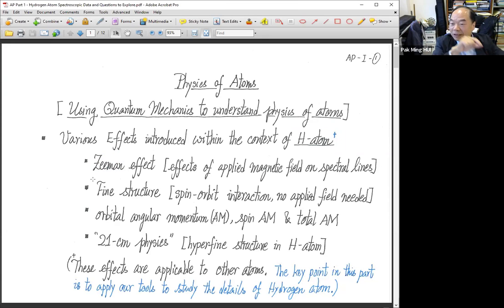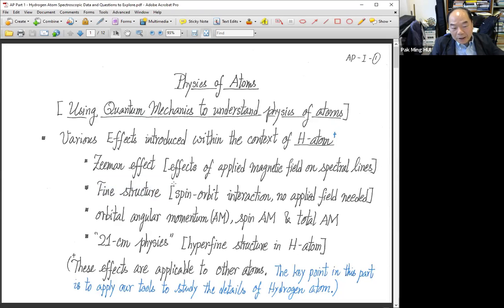It is there, internal to the hydrogen atom, called the fine structure. This is a big part in the history of physics. It is because of this fine structure observed in the spectrum that pushed the development of quantum physics.